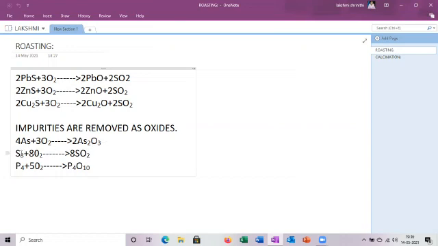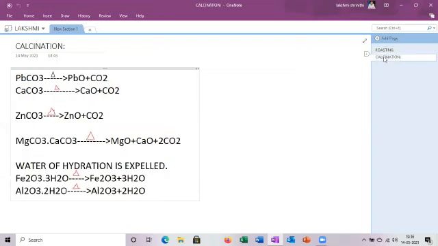Sulfur, S8, gets converted to sulfur dioxide, SO2. Phosphorus gets converted to phosphorus pentoxide, P4O10. So the sulfide ores are converted to oxide ores and some volatile impurities are removed as their volatile oxides.